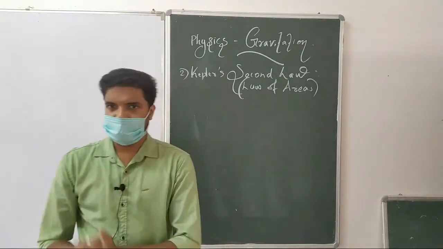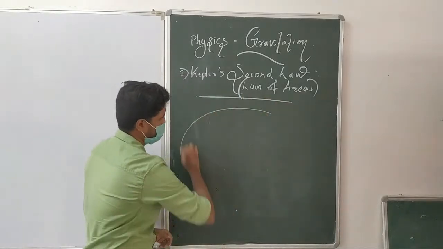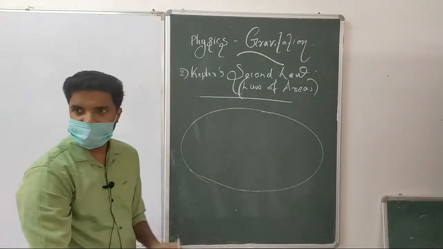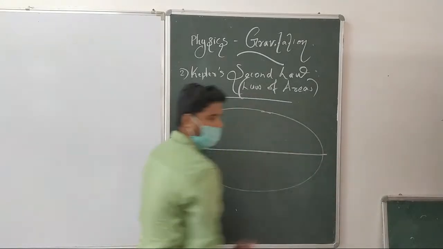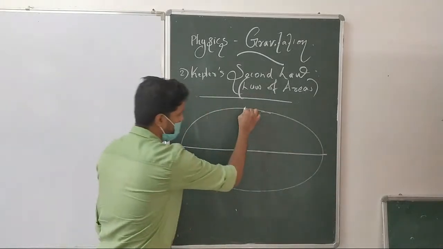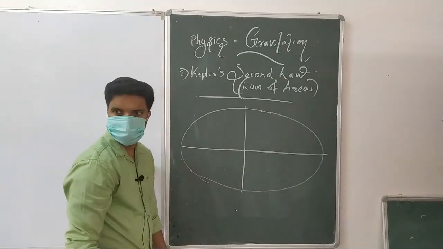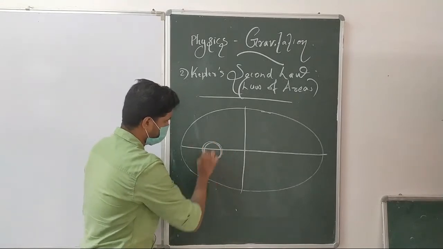So Kepler's second law states that... What is this one? This one is the elliptical orbit, this one is the major axis, and this one is the minor axis. Where is the sun? The sun is kept at one of its foci, right?